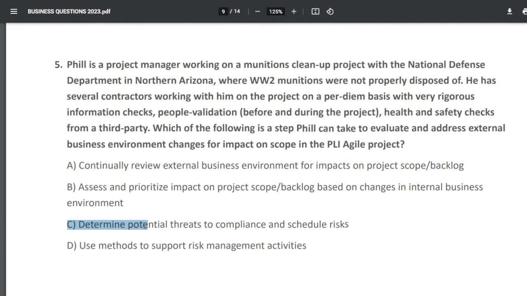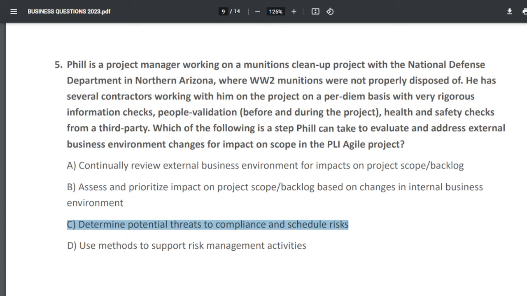You're being asked, evaluate the external business environment. This has nothing to do with surveying the external business environment. This as well, determine potential threats. No, this is talking about a totally different topic. So it's going to boil down to A and B.